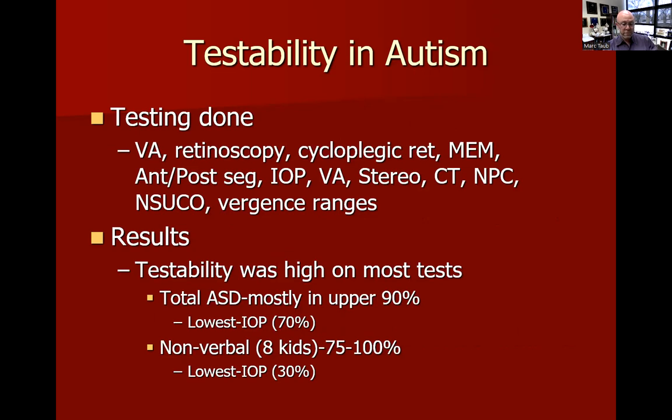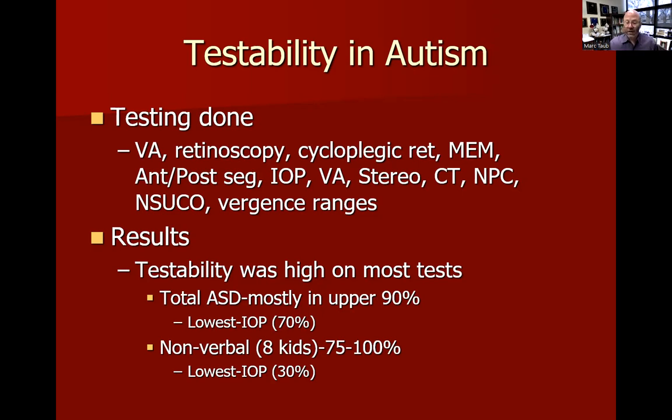They broke it down into two groups, the ASD kids. So they broke out the nonverbal kids, and you can see that there was a little bit of a difference, but not a tremendous amount. The lowest testability was, as you can imagine, the intraocular pressure. And there's a big difference between the 70% in the total group, but then 30% when they broke out the nonverbal kids.